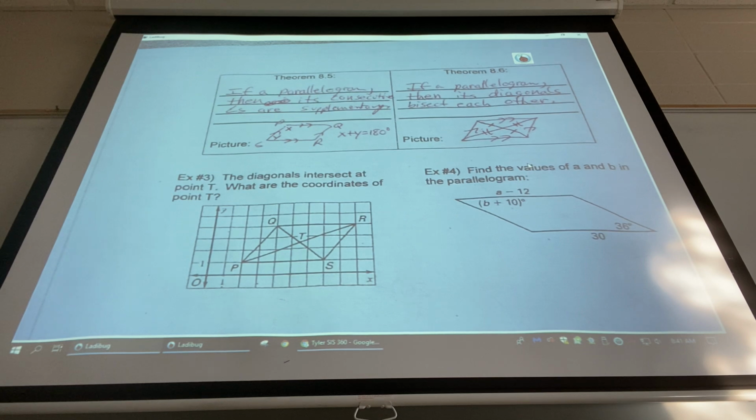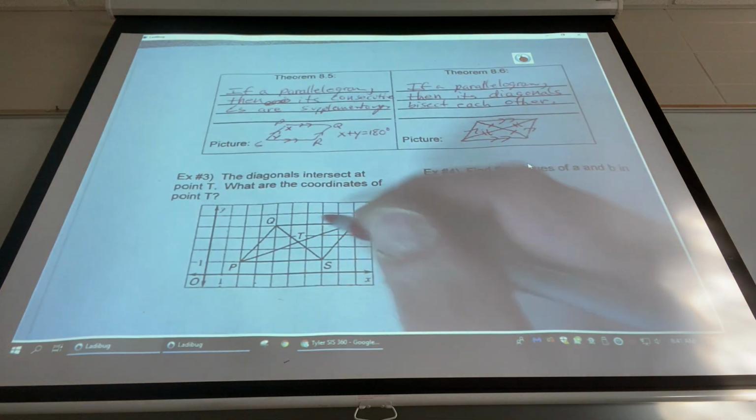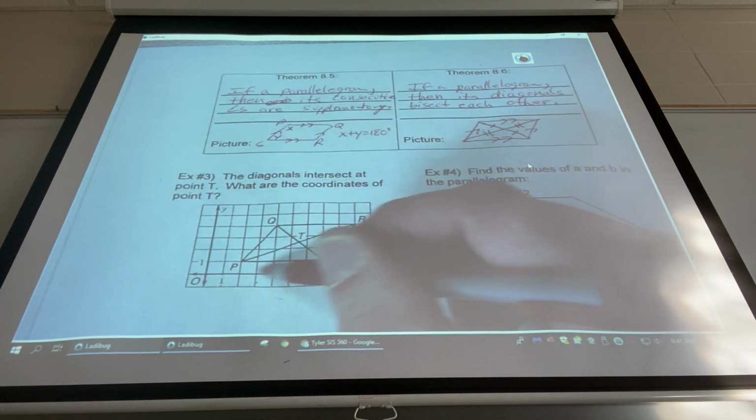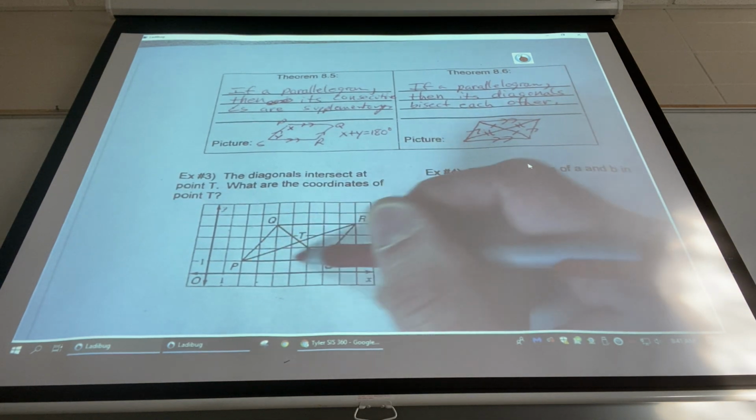Let's see what else we can do with this. Example 3 says the diagonals intersect at point T. What are the coordinates of point T? First things first, is this a parallelogram? Looks like it.